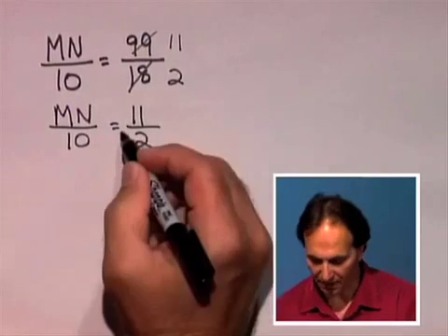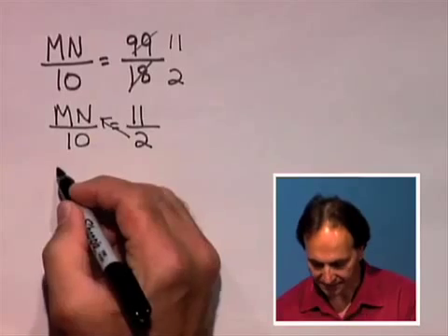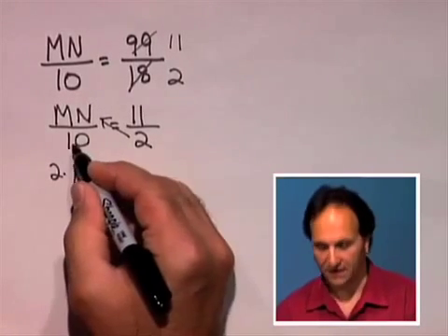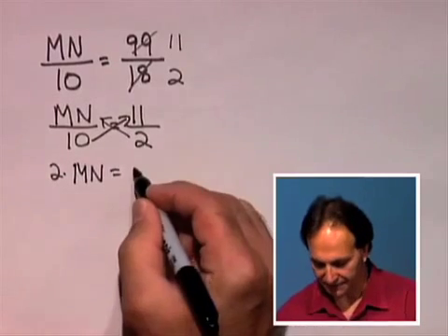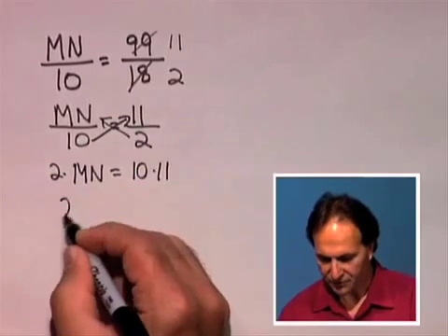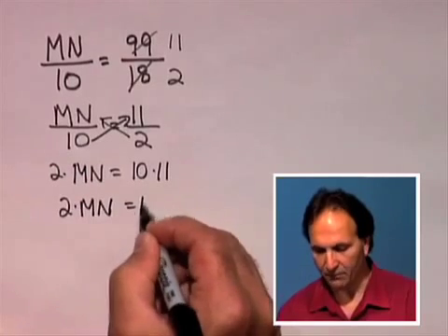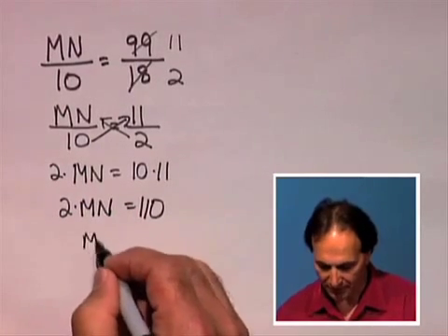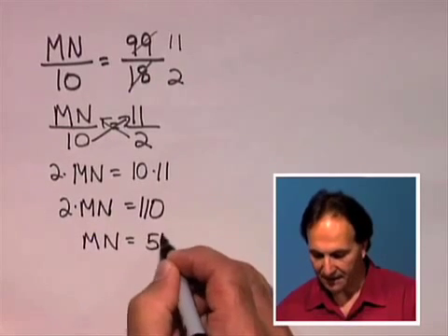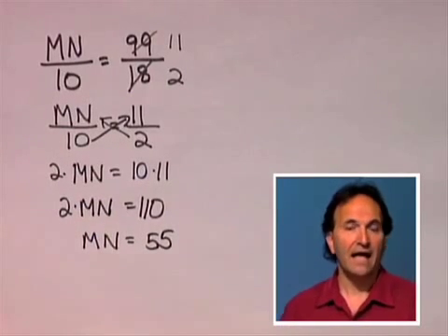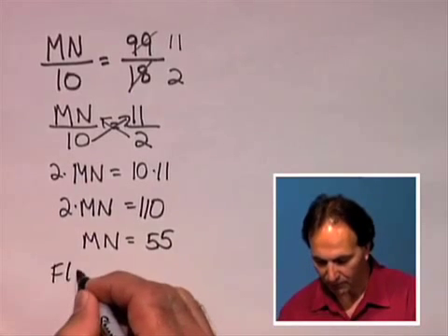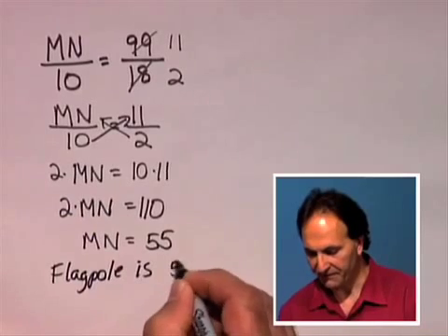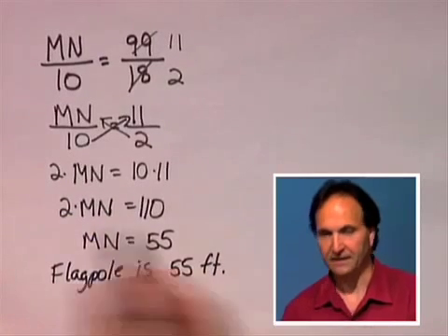Now we cross multiply. 2 times MN equals 10 times 11. That's 2 times MN equals 110. Now we divide both sides by 2, and we find that MN is equal to 55. And that means that the flagpole is 55 feet tall.